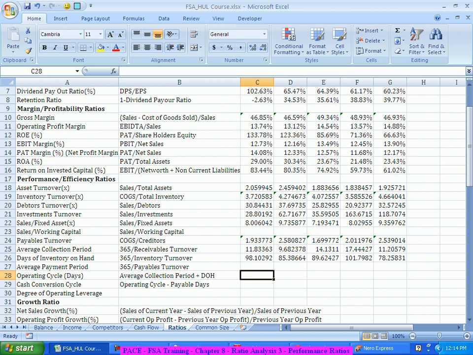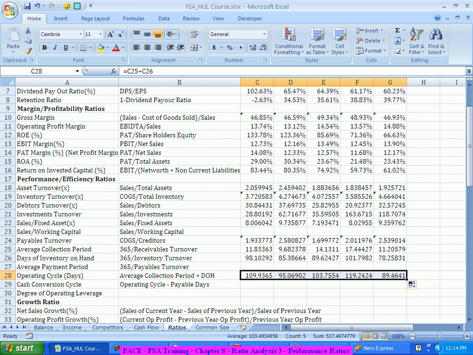So the operating cycle typically used to take 109 days from the entry of raw material till the collection of cash. Now it is only 89 days.